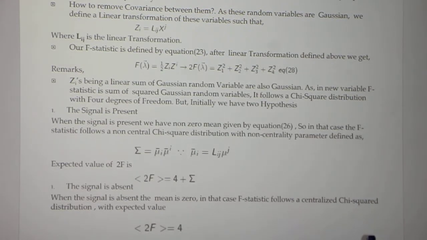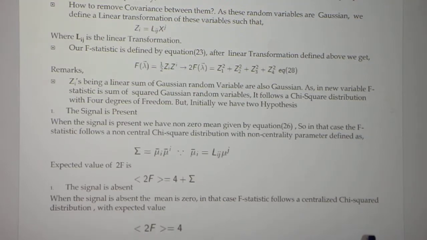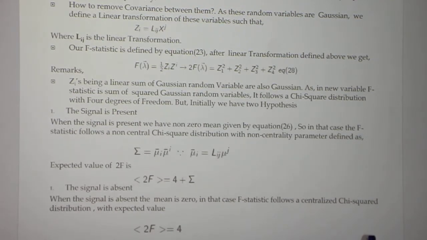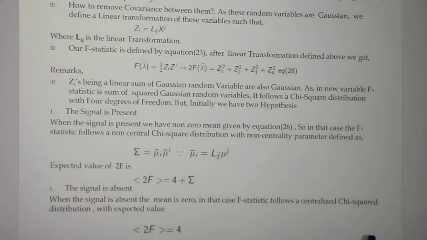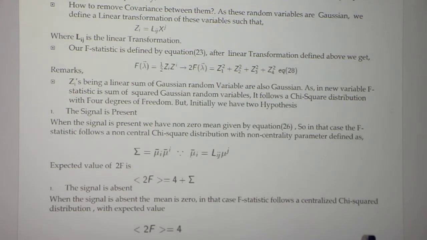In that case we have four independent variables, so there are 4 degrees of freedom here. For a chi-square distribution, the mean value is simply the degrees of freedom.